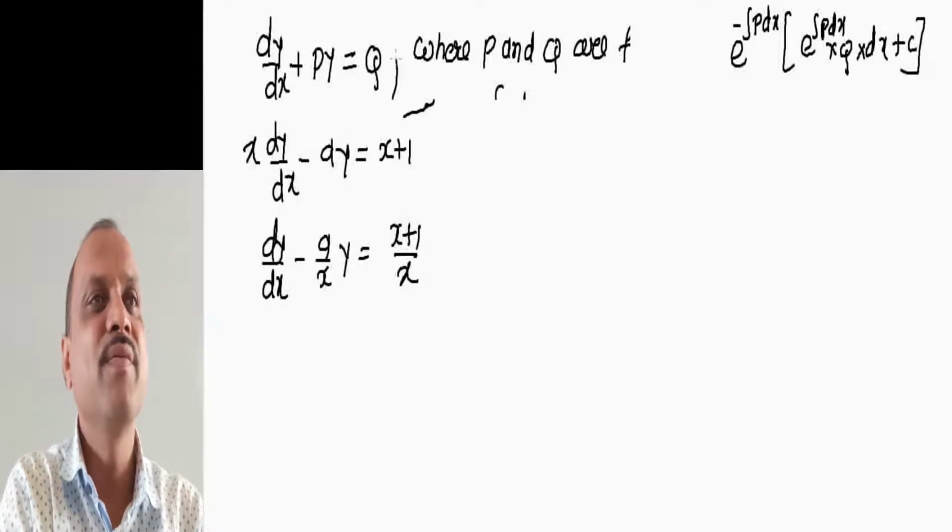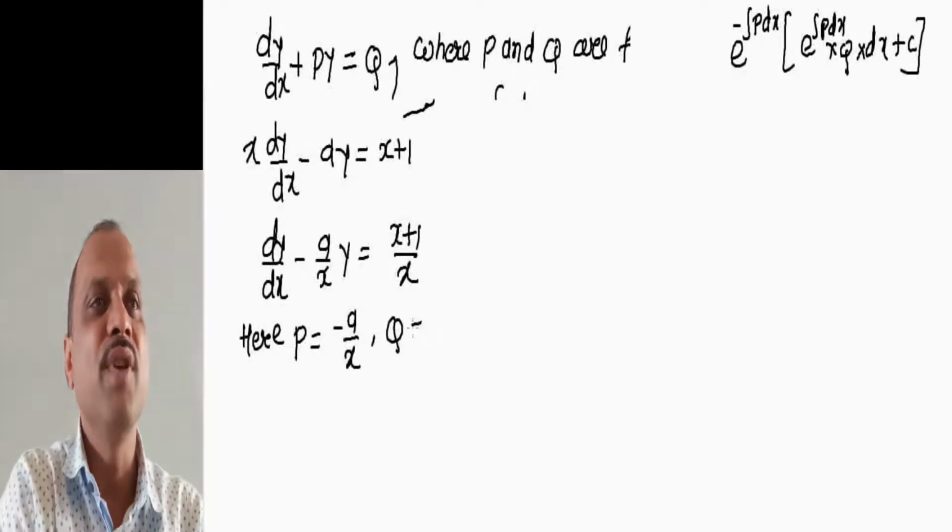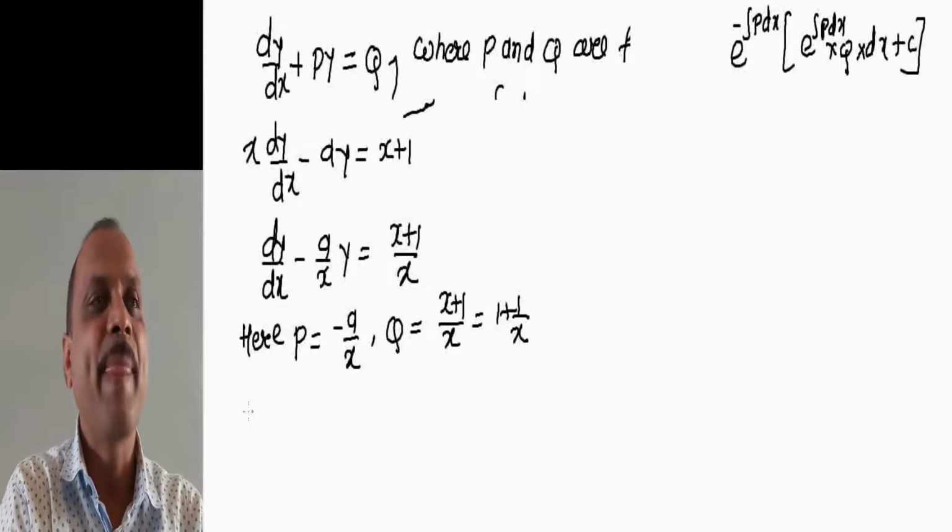By comparing this with the standard equation, here what we get? We get p equal to minus a divided by x and q equal to x plus 1 divided by x, or 1 plus 1 divided by x.